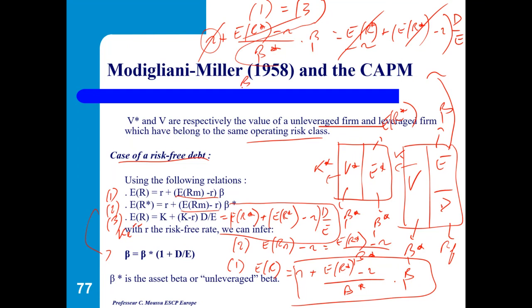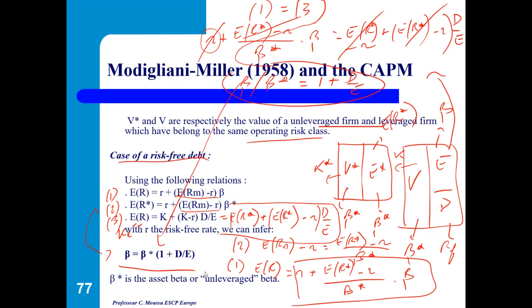So beta over beta star is equal to 1 plus D over E. And this is it. So I wrote the CAPM for 1, the CAPM for 2.